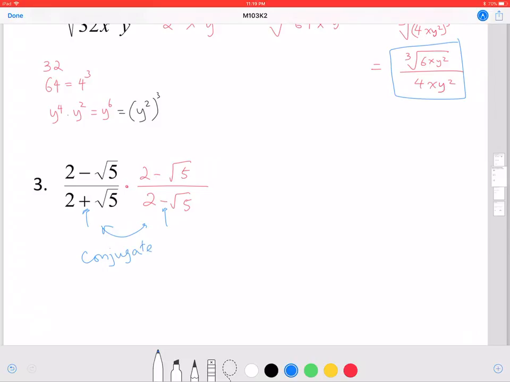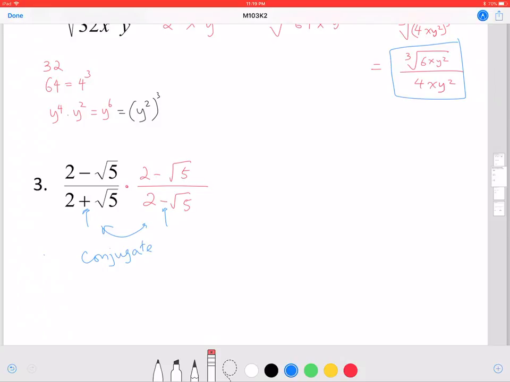Pretty soon you will see another conjugate, but that's in a different topic. To distinguish between the two, we're going to call this the radical conjugate because it deals with radicals. But for now I'm just going to call this conjugate.